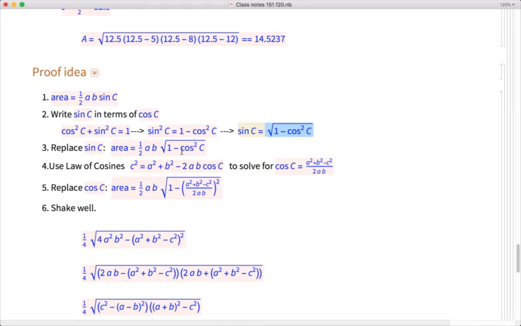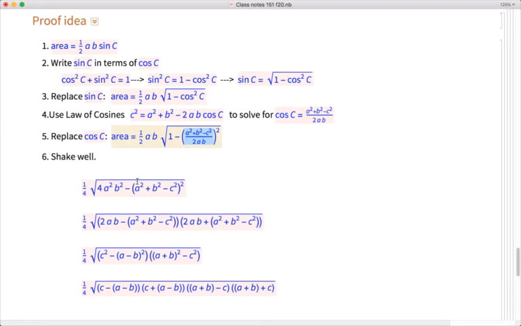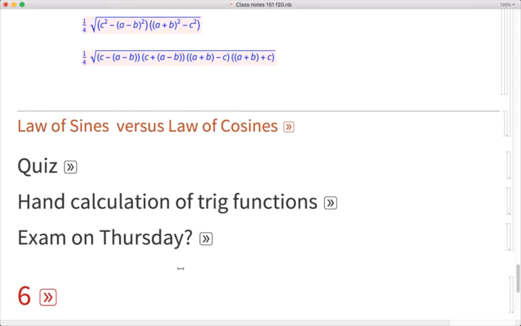It does get a little involved because now we're going to have to use the law of cosines to solve for cosine in terms of the side lengths. And when you make this final substitution, then it's just a bunch of shaking the bottle until the formula pops up. It's just algebra that takes place after that. Okay, so for what that's worth.